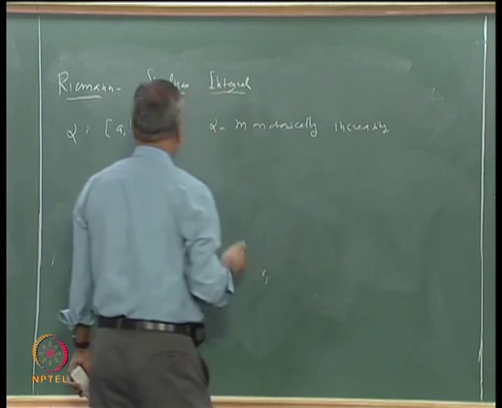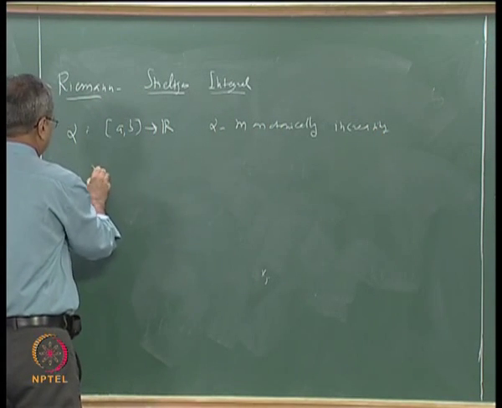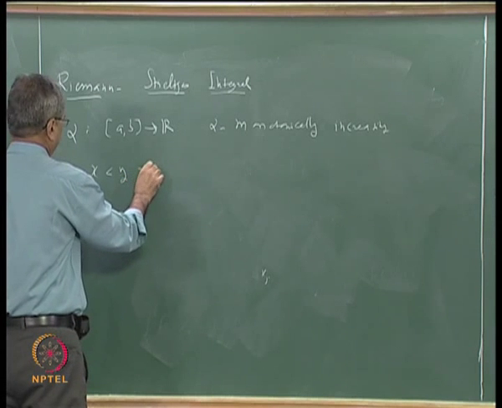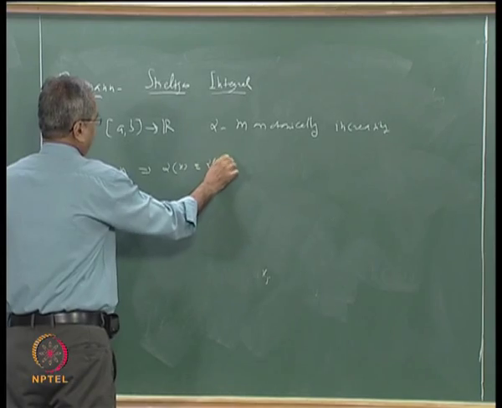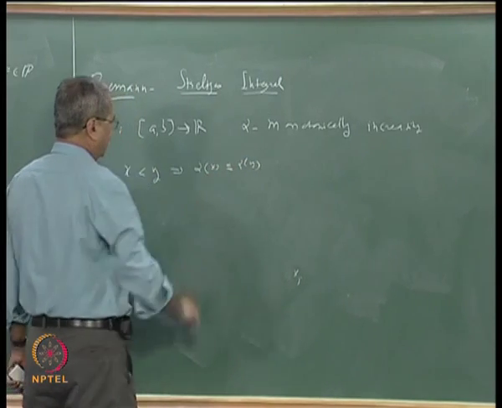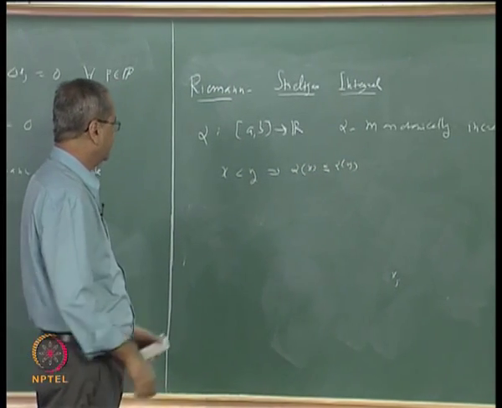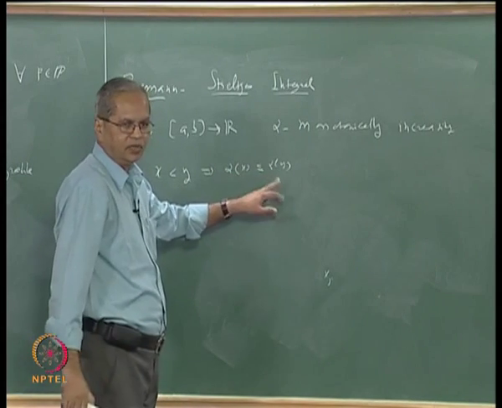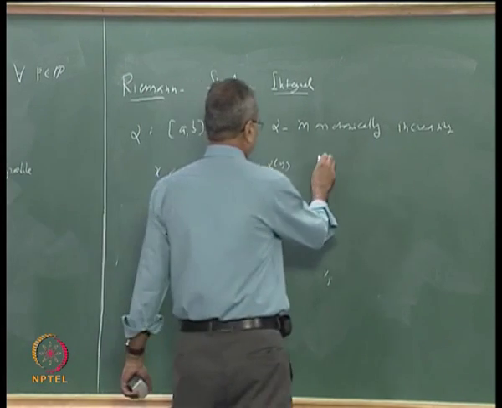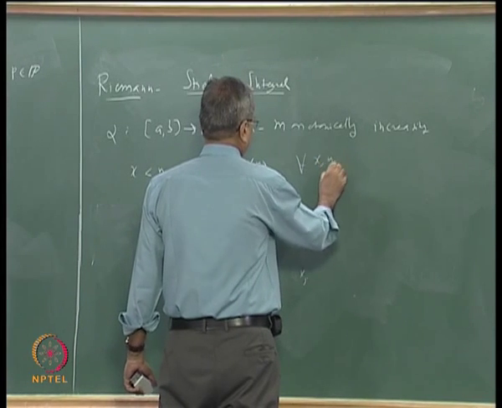Let us recall that this means x less than y implies alpha x less than or equal to alpha y. That is monotonically increasing, and if we want to say strictly monotonically increasing, it will be that x less than y implies alpha x strictly less than alpha y, for all x, y in [a, b].